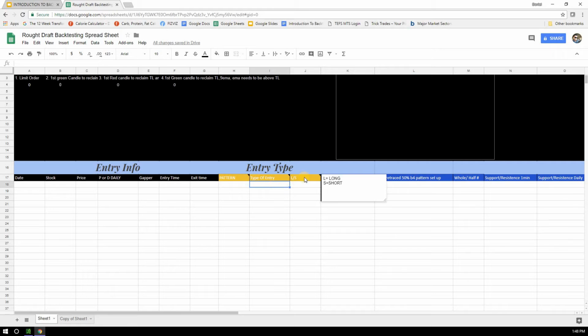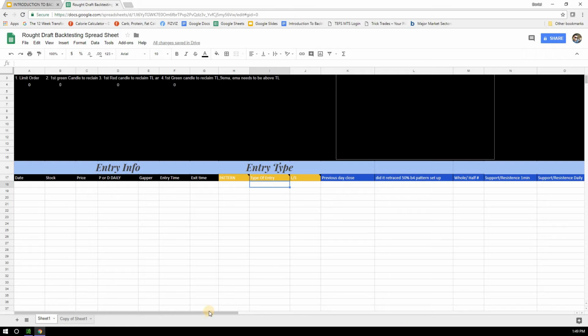L or S, long or short. For this particular setup, we're most likely mainly gonna go long, but there are other setups that you could go long and short, and so for you to keep reference on that, you could put an L or S.